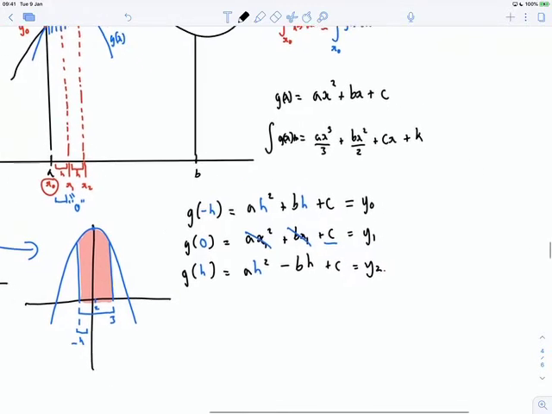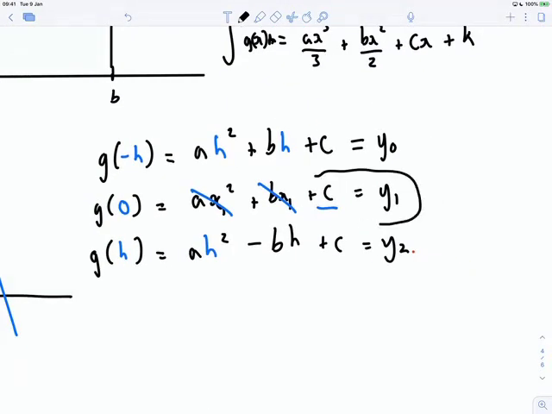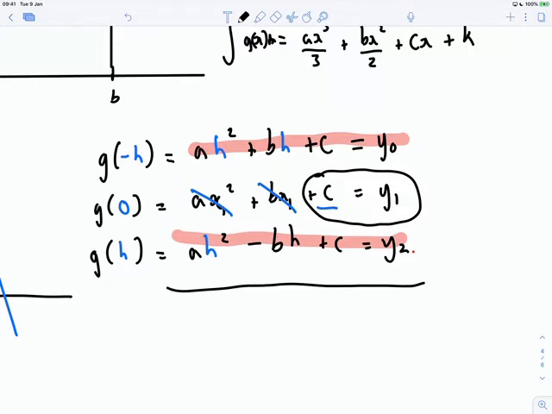And now, this is what's great about it. We can actually figure out what A and B are. Well, we already know that C is y1. And if you think about it, if you add this line and this line together, then you're going to have two lots of AH squared. The BH's cancel. The two C's are added together, which is two lots of y1.